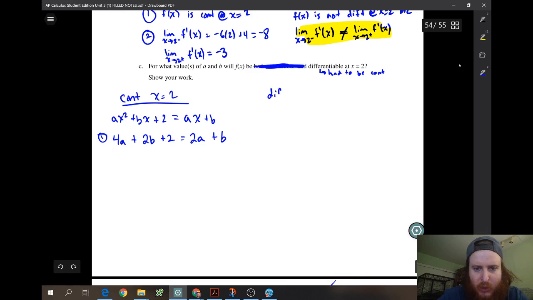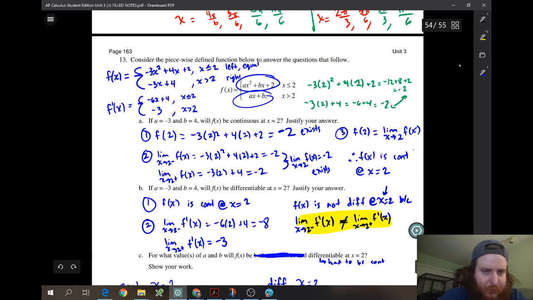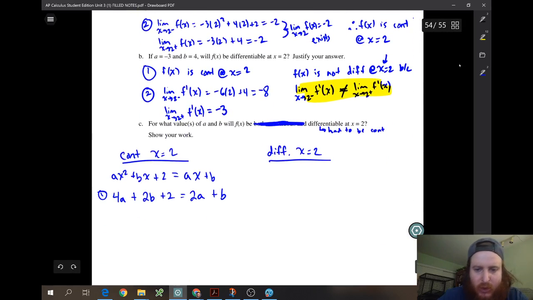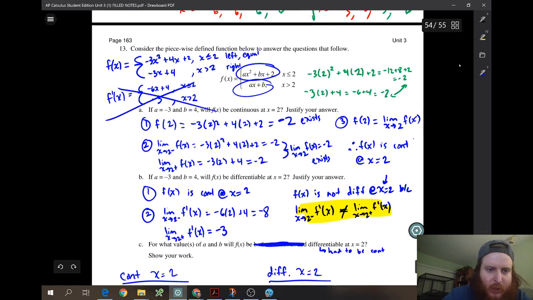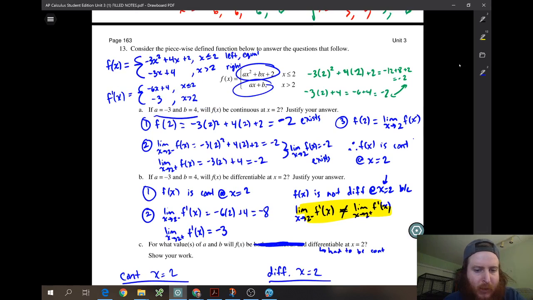Now we need to get an equation from the differentiable side. So the differentiable side, we already did do the derivative, but I did the derivative when I plugged it in. So we got to retake the derivative with the ax part. So f prime of x equals, so again, the reason we can't use this one is because that one we had plugged in -3 and 4, but we're not using those anymore. We're using new values.